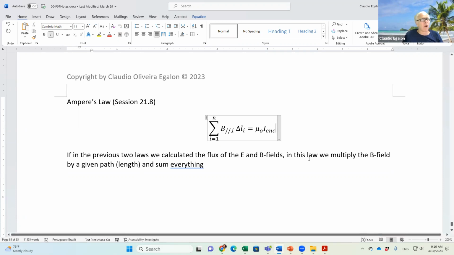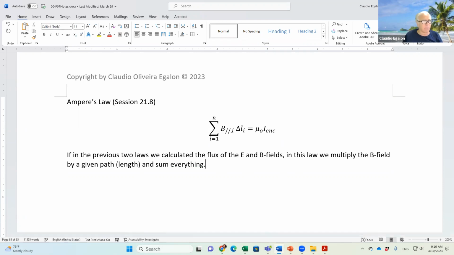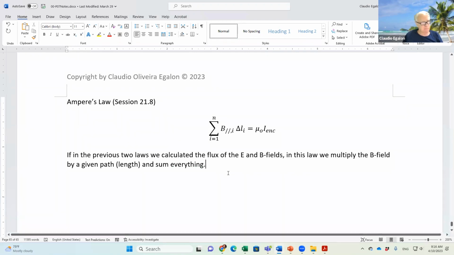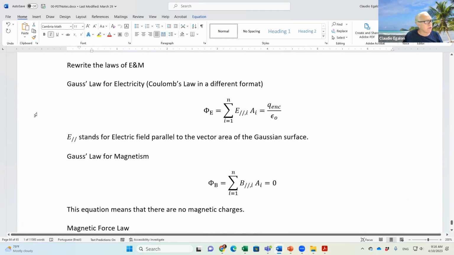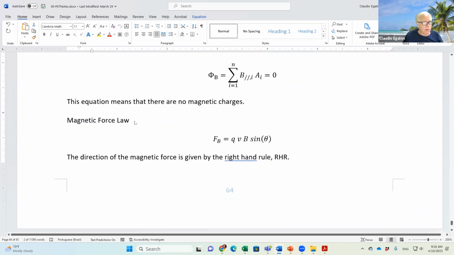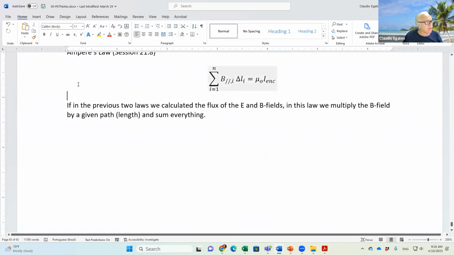When I start making drawings, you're going to understand what I actually mean. Magnetic field parallel to the path times the length of the path is going to be equal to a constant times the source of magnetic field. Compare that to Gauss's law of electricity.